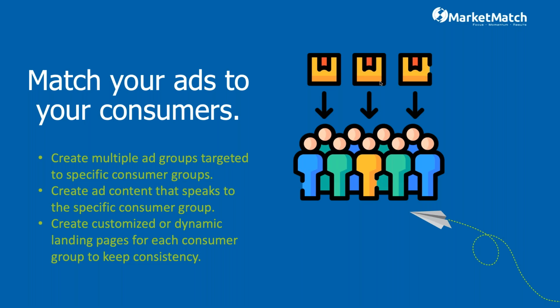Now, the other thing that I will say is we need to be considering matching your ads to your consumers. What I mean by this is when compared to traditional advertising, we're used to putting together a campaign that has a specific image, look, content to it, and we roll that out across all of the different channels that we are putting that campaign on.